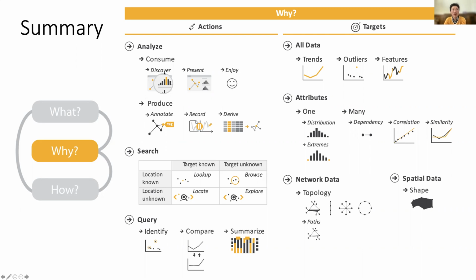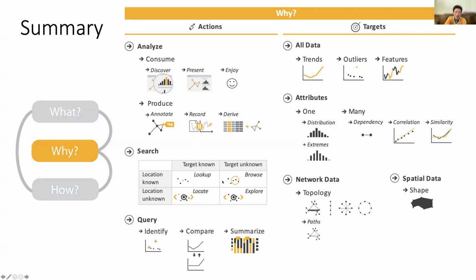Actually, for one discover, it might involve multiple types of searches, and each one needs to be designed differently. And then search depends on whether you know the location or whether you know the target. You have these 4 different types. And as we said before, for one type of analyze, you might have multiple searches.